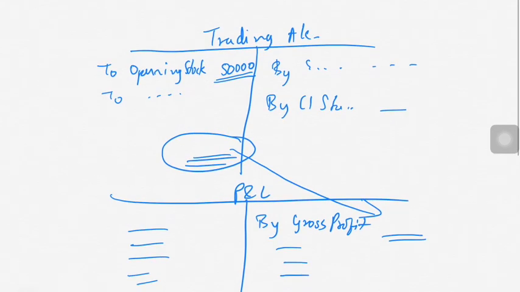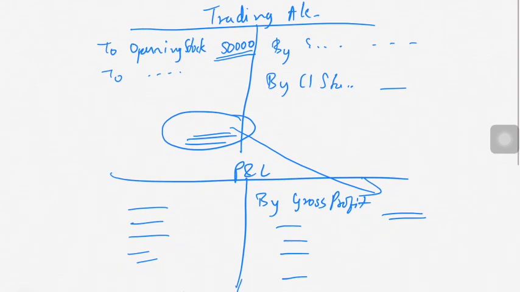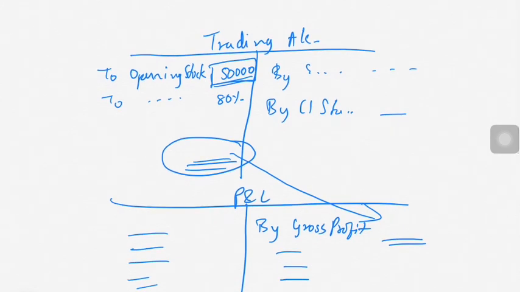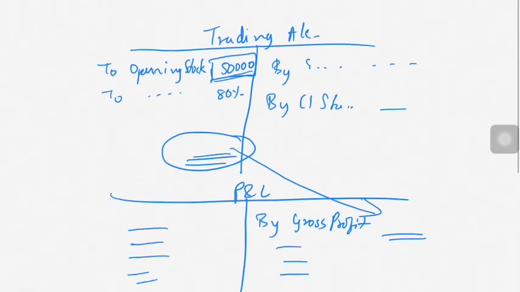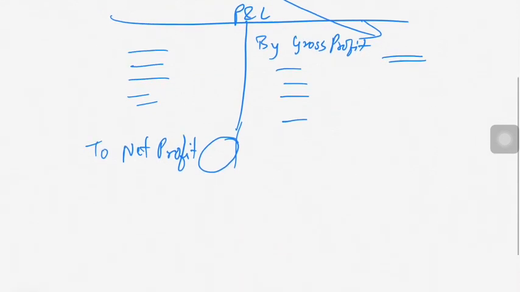Now, if your opening stock is understated, okay, in the question they have said that opening stock is shown at a value 20% less than the amount. That means 20% less means this 50,000 is 80%, correct. Let us calculate what is the 100%. If 50,000 is 80%, how much is the 100%?